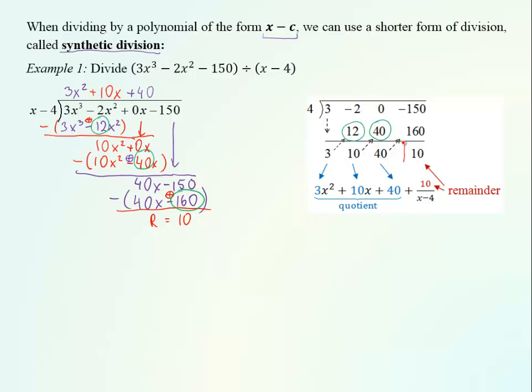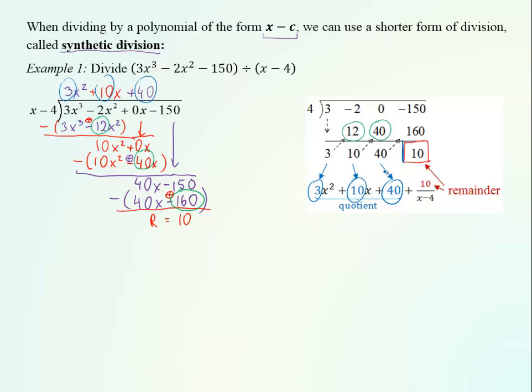So the last number is your remainder, and those numbers in front, they are actually the coefficients of the quotient. Notice that the 3, 10, and 40, those are the coefficients of the quotient. From this calculation, to recover the quotient polynomial, we cut off the last number, that will be our remainder, and the rest of the numbers we read from the right to the left.